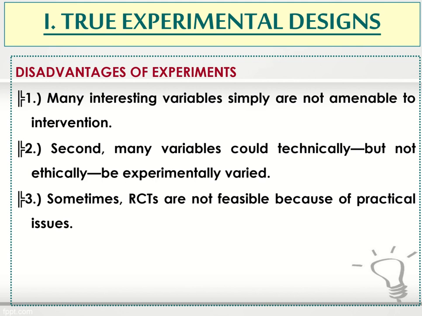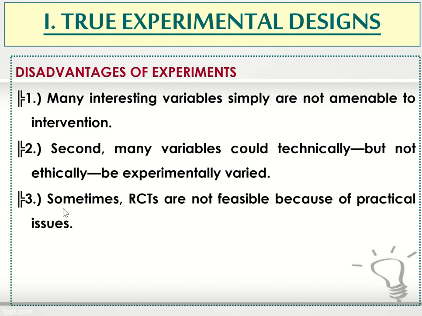For example, there have been no RCTs to study the effect of cigarette smoking on lung cancer. Such a study would require people to be assigned randomly to a smoking group, or people forced to smoke, or a non-smoking group, people prohibited from smoking.